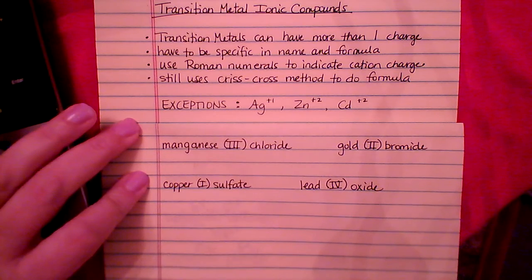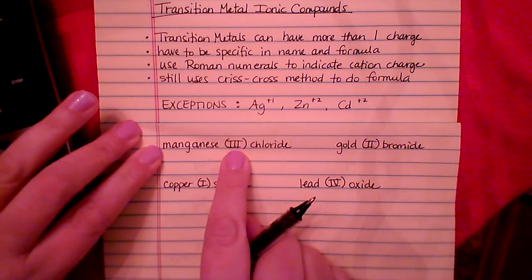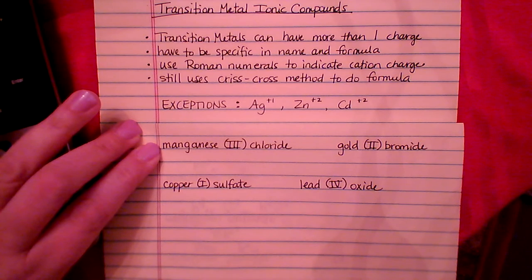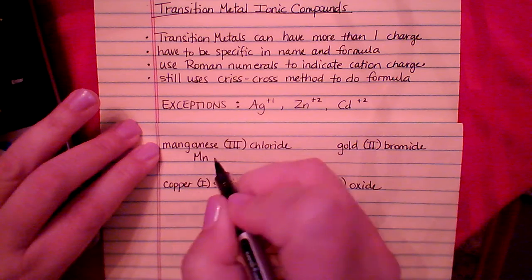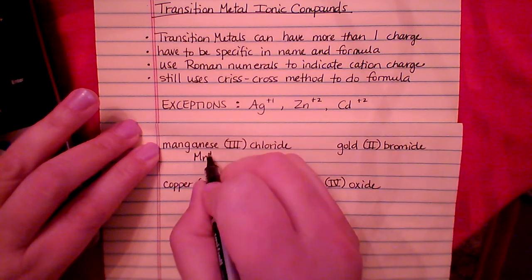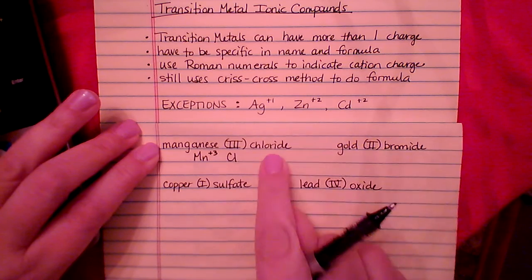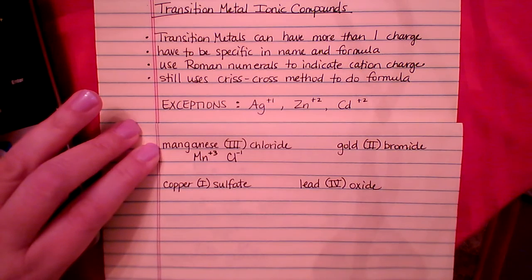So if we were going to do these for the chemical formula, the charge on manganese here is +3. The Roman numeral is always positive, and it always indicates the charge, not the subscript, on the metal cation. So the formula for manganese is Mn +3, and then chloride is Cl, and based on the periodic table, I know Cl has a -1 charge.